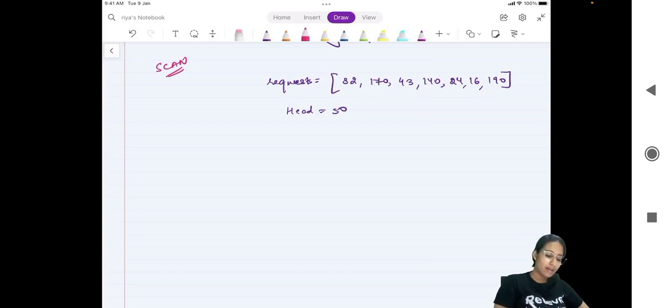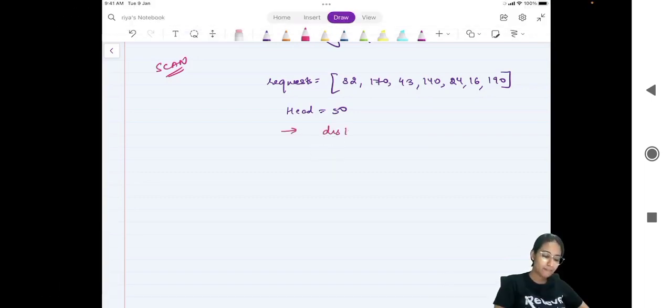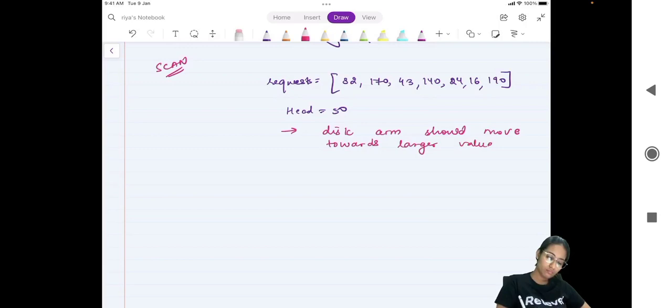And what we also know sometimes is that the disk arm should move towards the larger value.